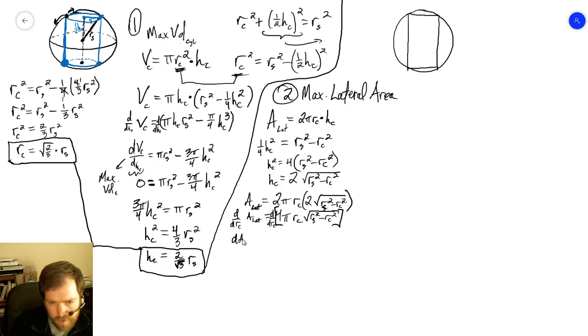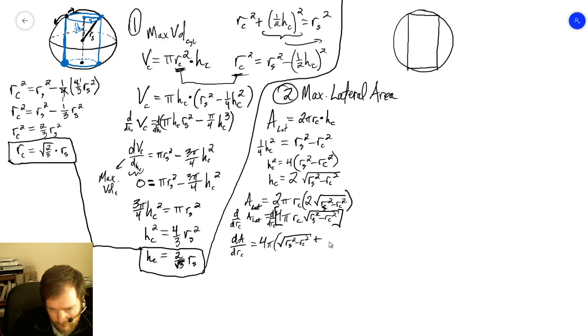So this is dA/drc is equal to, here we do the same thing. This is going to require a product rule just like the previous one. So we're going to do 4 pi is just going to be a constant that comes out, and then we're left with product rule here. It is going to be rc, drc is 1, so that's gone, and then we just have the square root term, so rs squared minus rc squared.